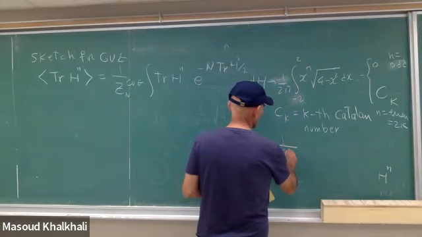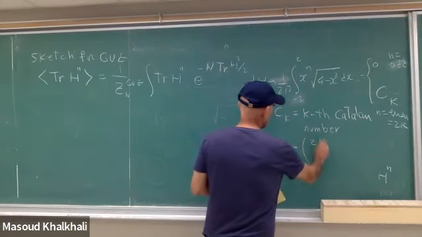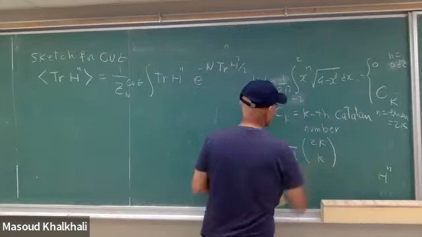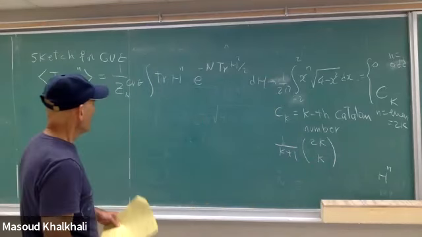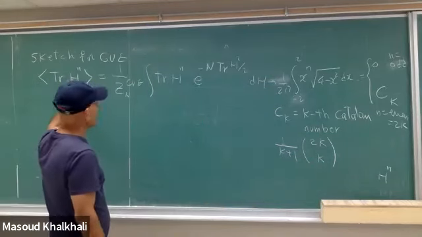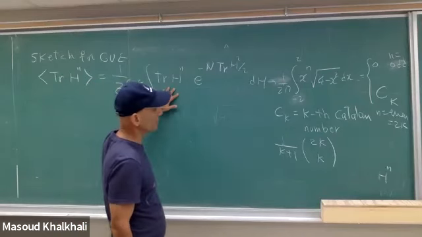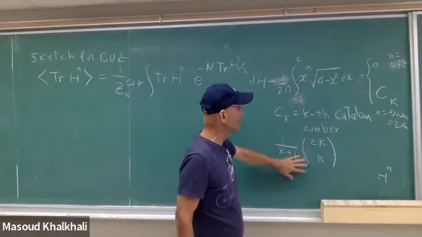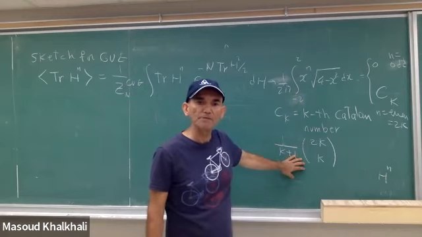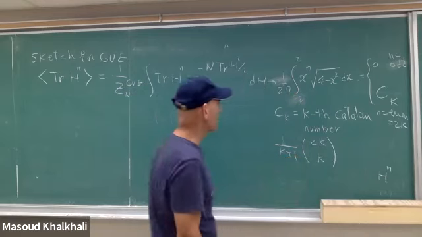It's 1 over k plus 1, 2k choose k. All right, so we want to show that this left-hand side, this Gaussian integral, essentially converges to this number. That's what entails proving the semicircle law.